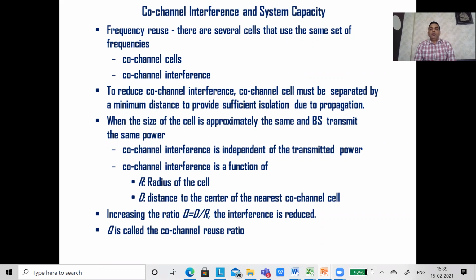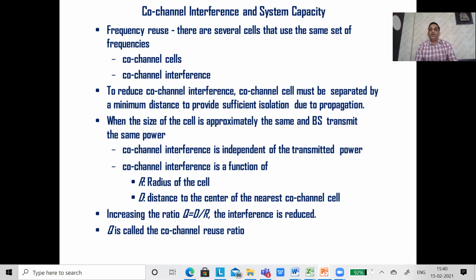Now let's have a look at a few more points related to co-channel interference and system capacity. As we know, in frequency reuse there are several cells that use the same set of frequencies, called co-channel cells, and interference due to these co-channel cells is called co-channel interference.